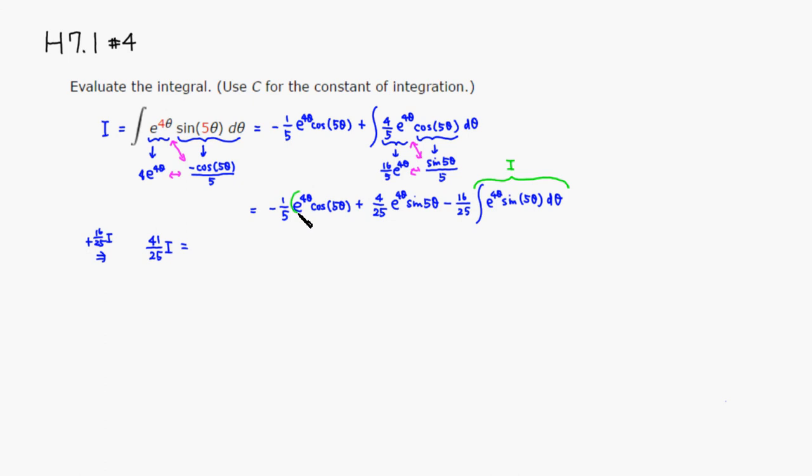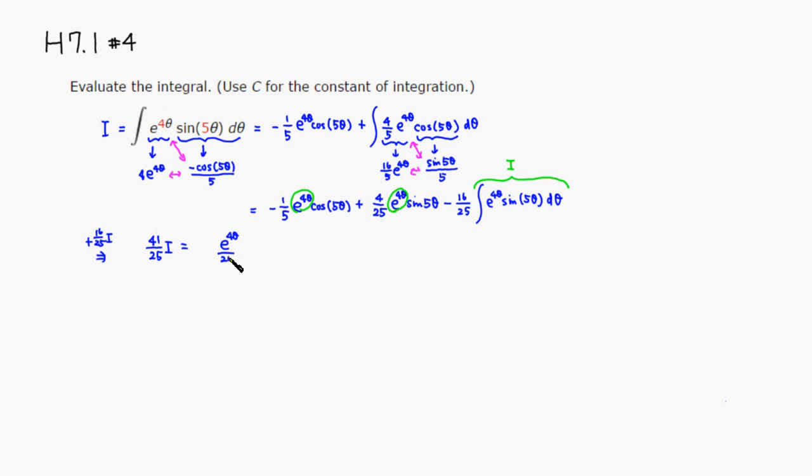We definitely have e^(4θ) in common, and 1 over 25 is something you might want to pull out.